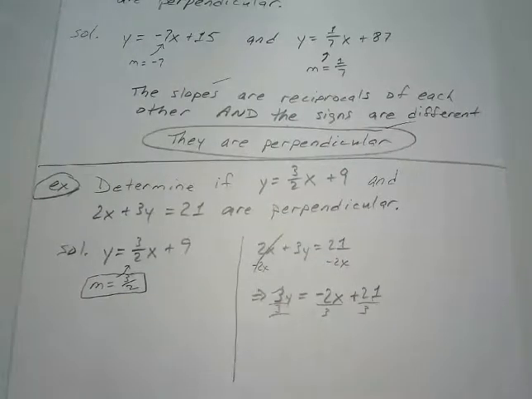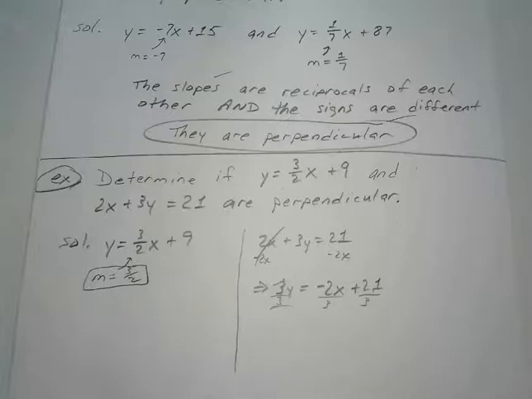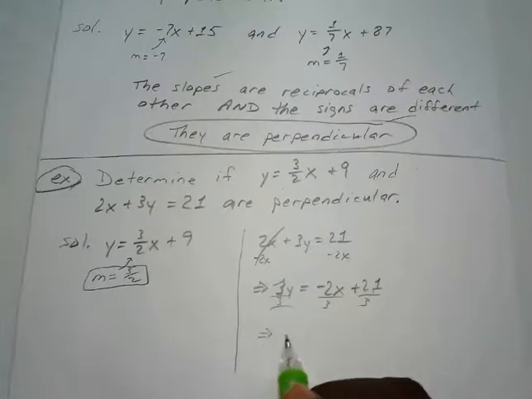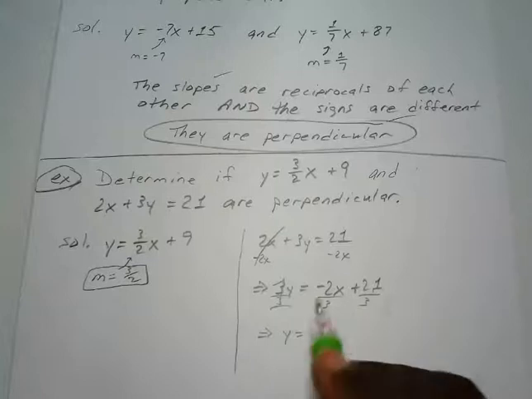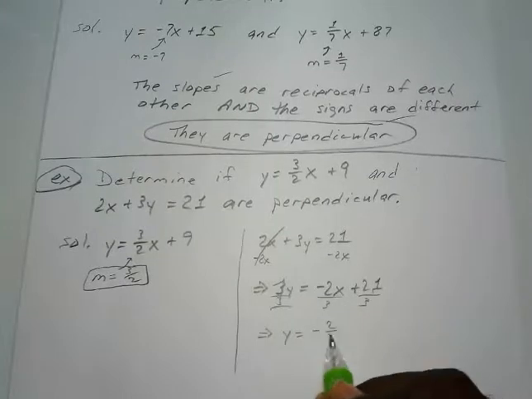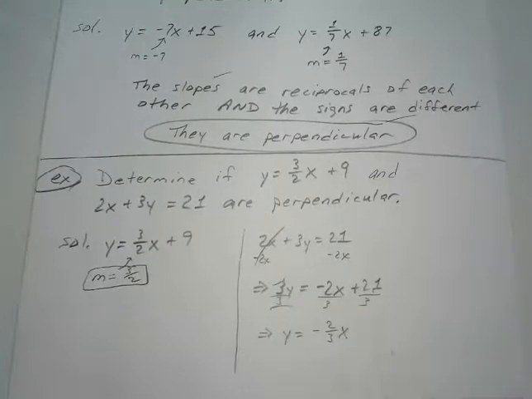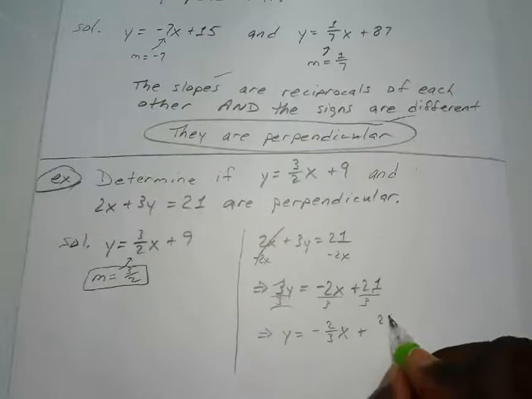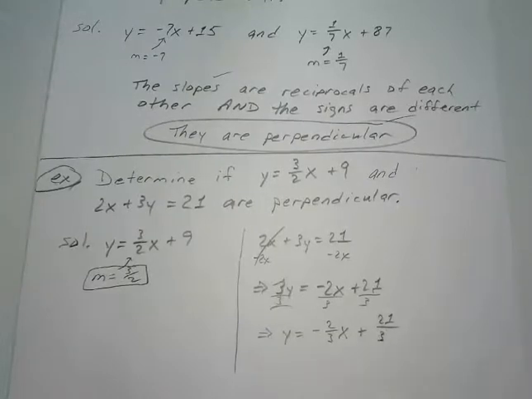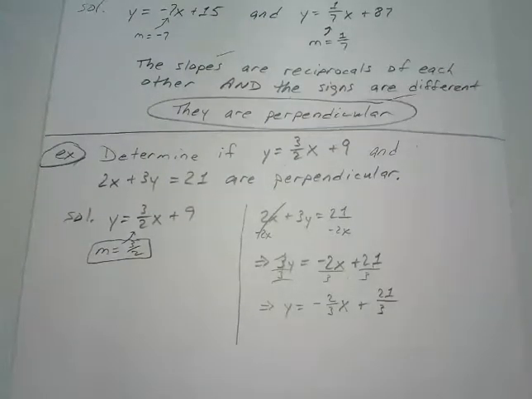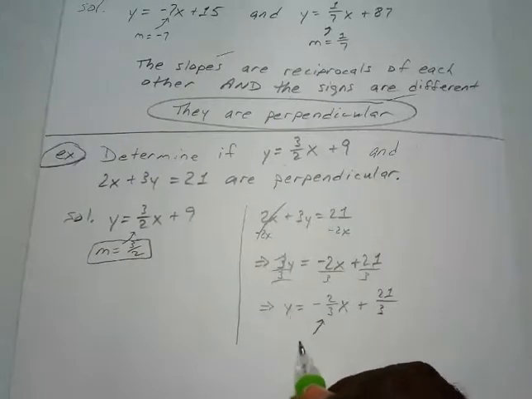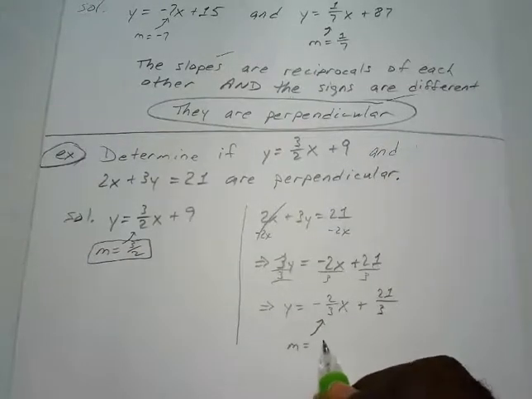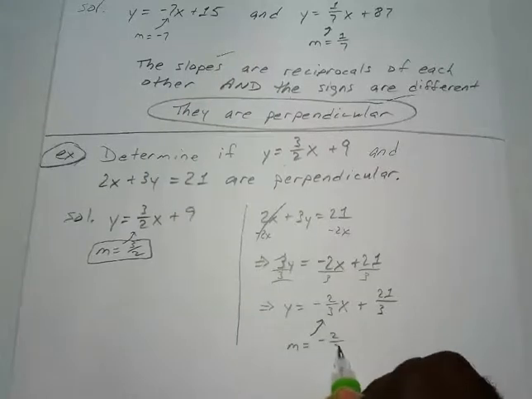Anything divided by itself is just 1, so we have y equals negative 2 over 3x plus 21 over 3. Now that we have solved for y, we know that the slope is equal to negative 2 over 3.